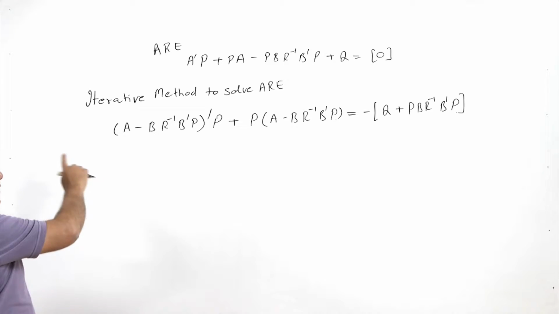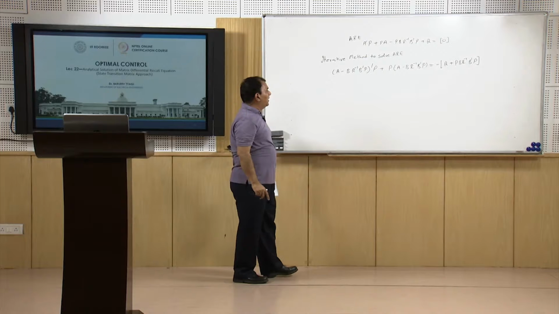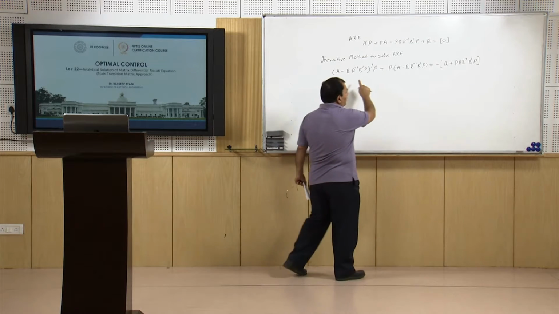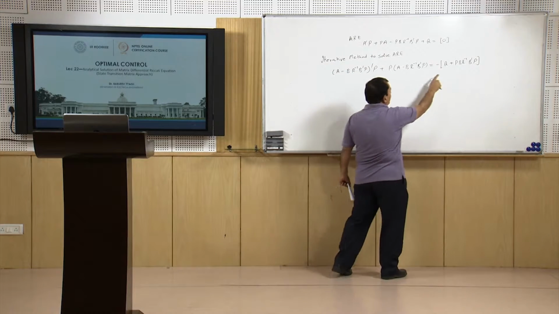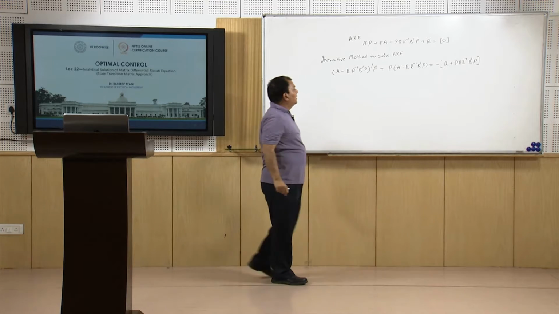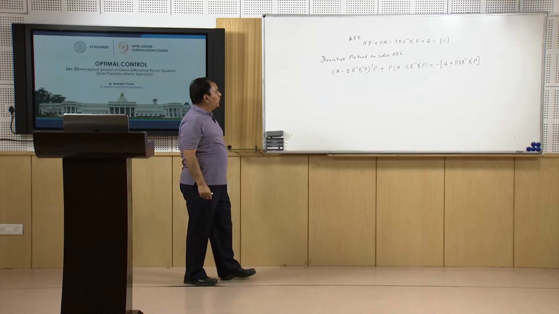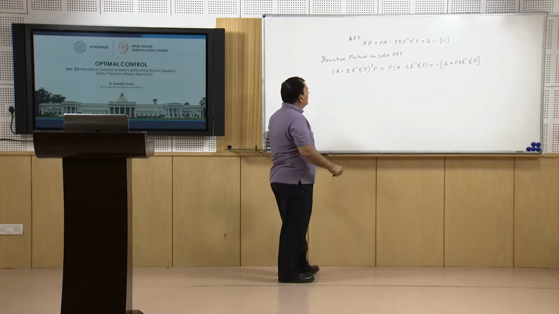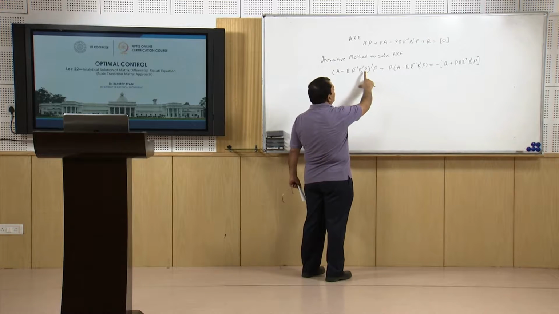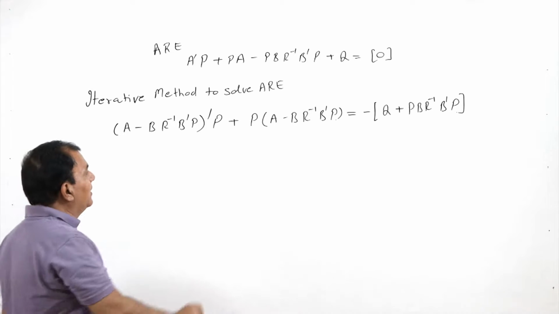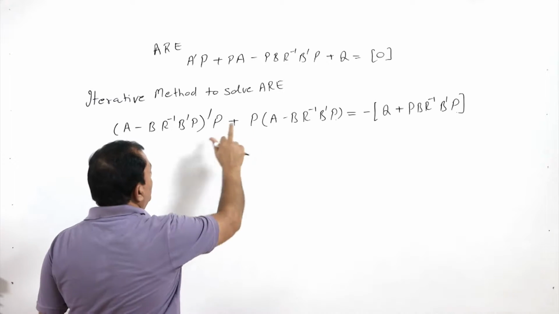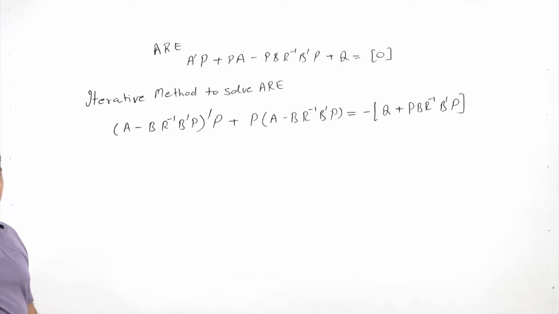So, once we prove A minus Bk to be stable, then you can recall we have written this ARE in this form. Now, as an iterative approach, let us give the kth iteration to the P inside the bracket and the k plus 1 iteration to the P outside the bracket.